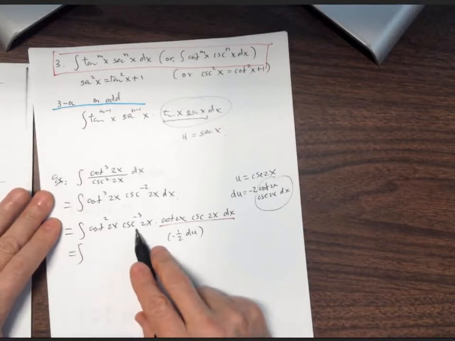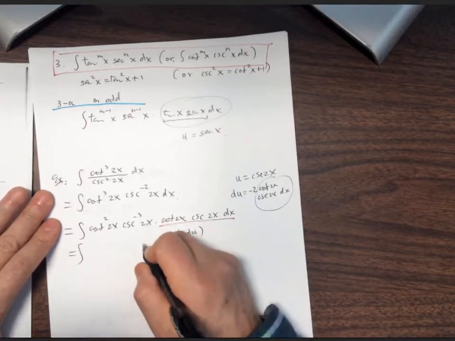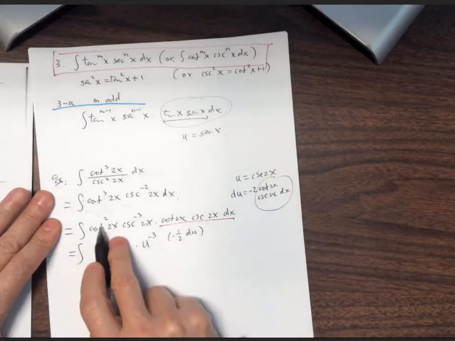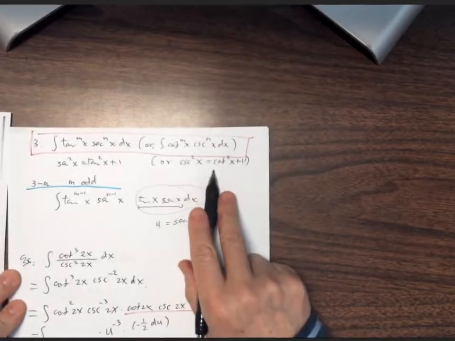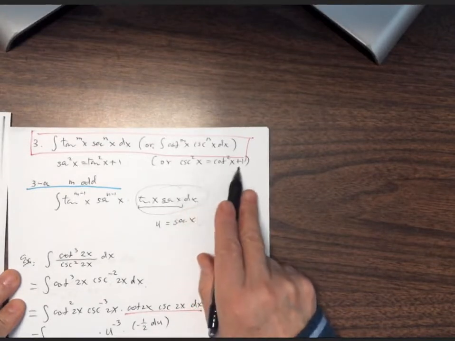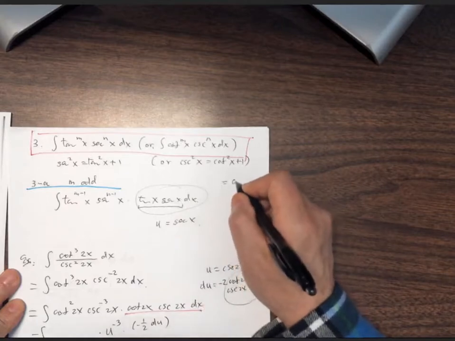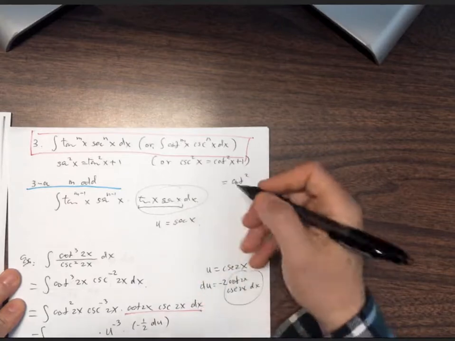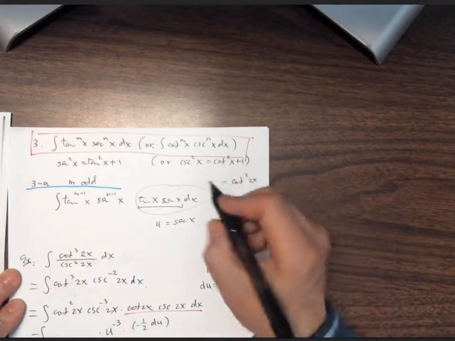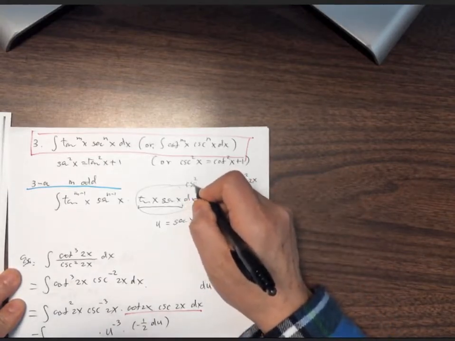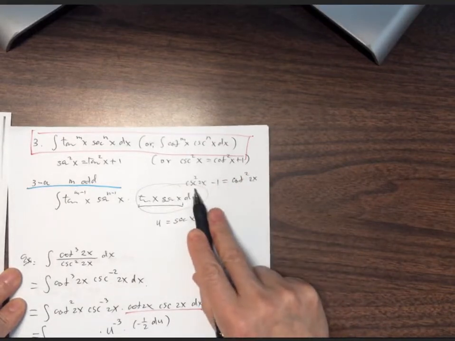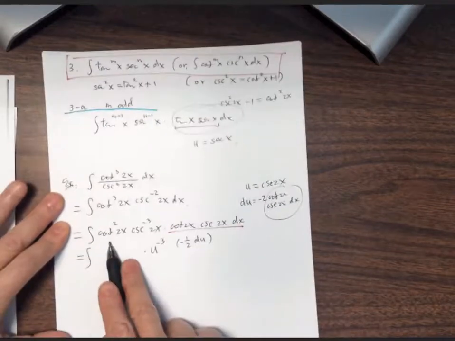With the power, of course, it directly becomes u to the negative second power. The cotangent squared, according to the identity, cotangent squared equals cosecant squared minus 1, with the 2x in place. So cotangent squared equals cosecant squared minus 1.